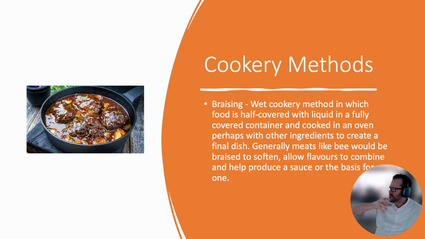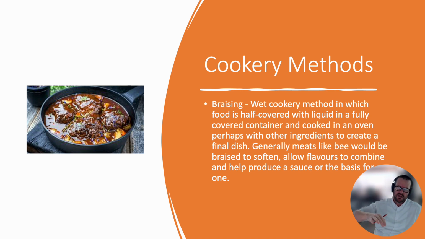Generally, when we're braising meats, we are doing that to break down the connective tissue. So this would be secondary cuts of meat, which have a lot of connective tissue, which means you would not be able to eat this if it's cooked using a quick cookery method like grilling or frying, because the connective tissue does not break down.